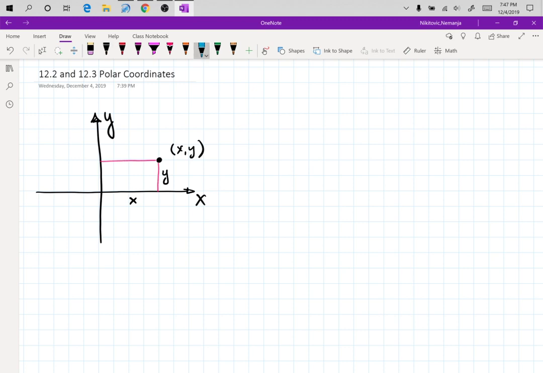Alternatively, you can also follow y units first and then x units to get to the same point. So whether you take the path along x and then y, or along the y-axis and then x, it doesn't matter, but we will always list the x-coordinate first and the y-coordinate second.